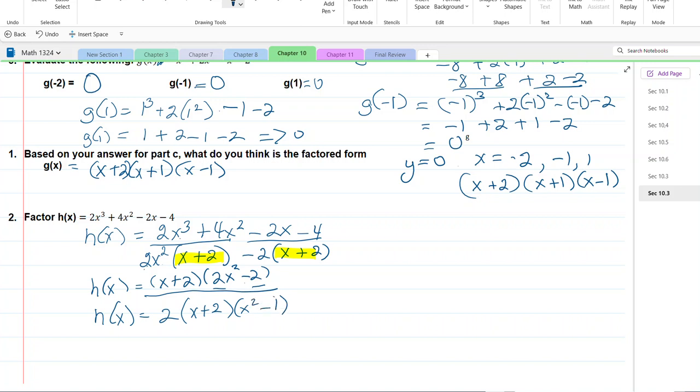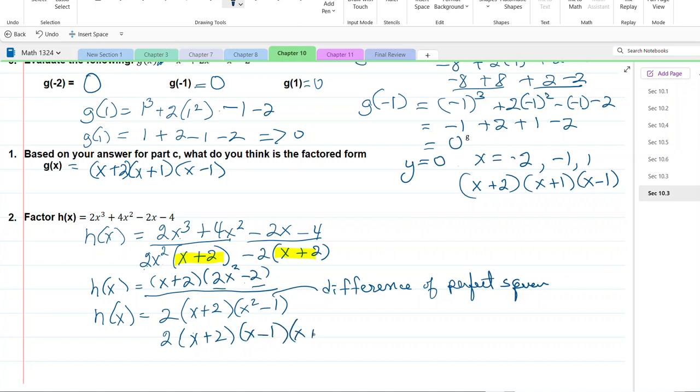Well, now we need to factor this, because that's the difference of perfect squares. I can have it as 2 x plus 2, x minus 1, x plus 1. And now it is totally factored.